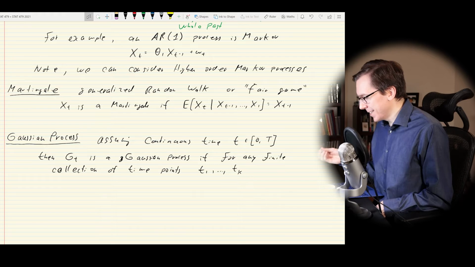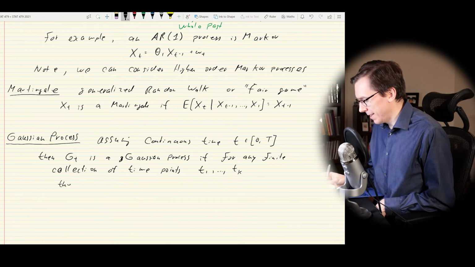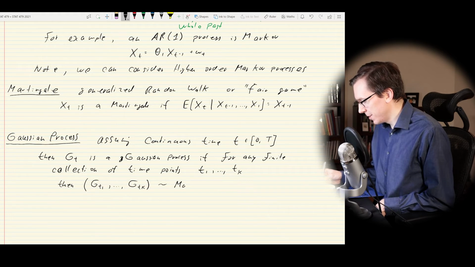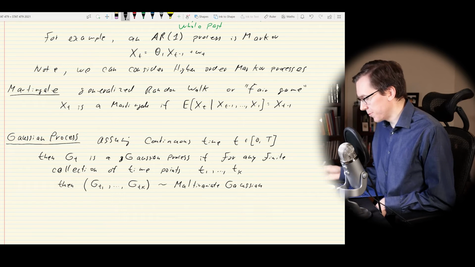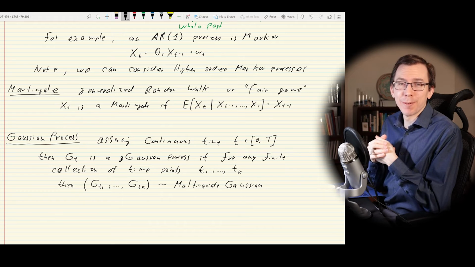So we'll do k. So the idea is that for any collection of k time points, the vector G_{t_1} through G_{t_k} is distributed as a multivariate Gaussian distribution.